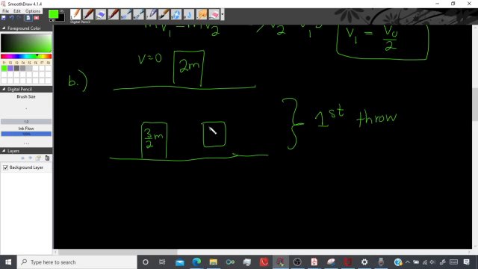And then half the block has a mass of m over 2. I'll say that its speed is v2, and the speed this way is v1. The problem said that the relative speed whenever you throw something is v0. So just like in the first problem, we can say that v1 plus v2 is equal to v0.